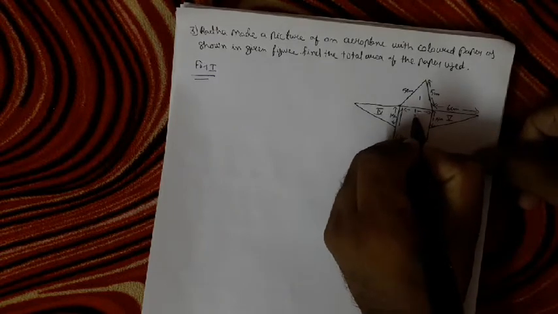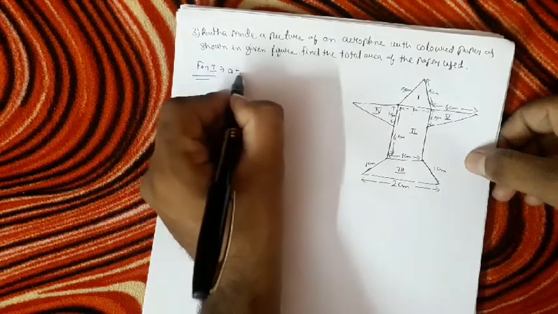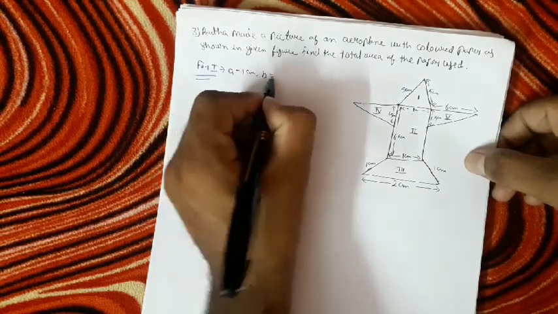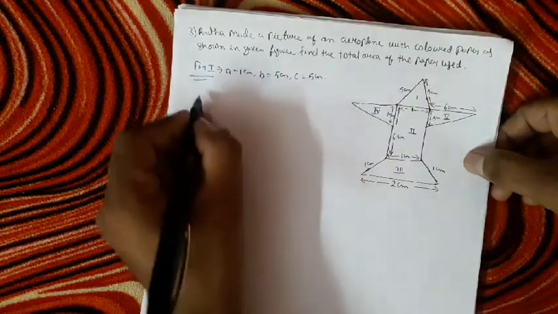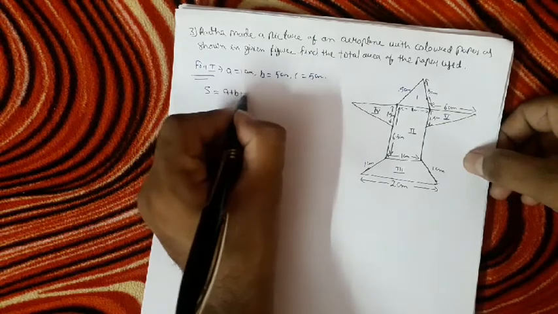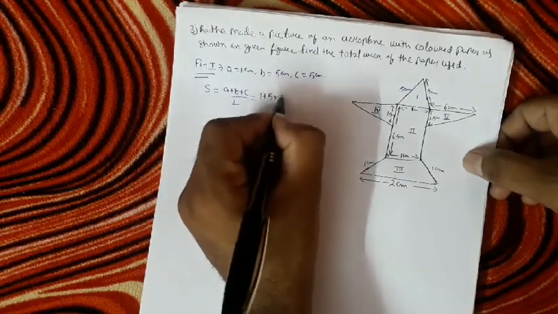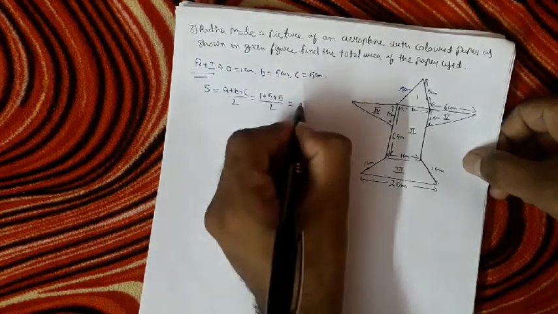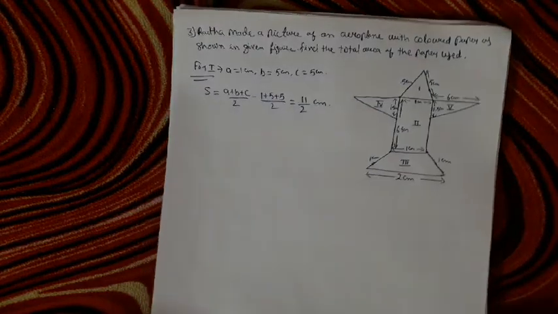So a we take 1, b we take 5, and c we take 5. First we find s, which is (a + b + c)/2. We know that a is 1, b is 5, and c is also 5, divided by 2. So finally we get s = 11/2 centimeter. This is our semi perimeter.